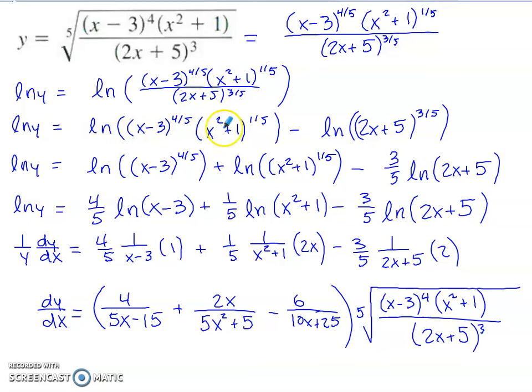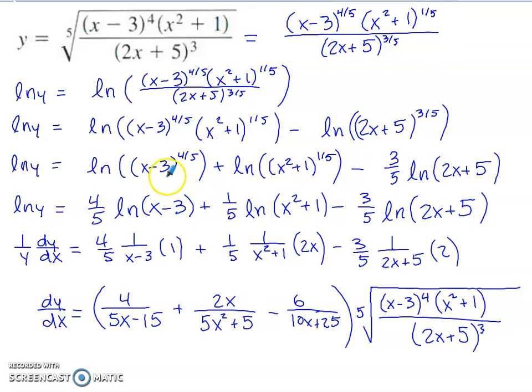Now, with this initial logarithm, you'll notice that it's a product. So one of those other properties of logarithms allows us to break the product within a single logarithm up into 2 separate logarithms that are added together. Now, within this logarithm after the subtraction, you see there's an exponent within that. I can bring that exponent down in front as the coefficient of the logarithm.